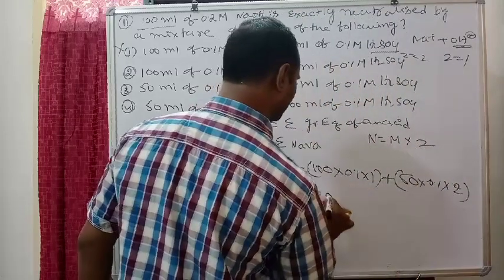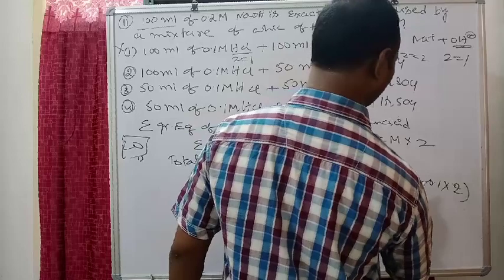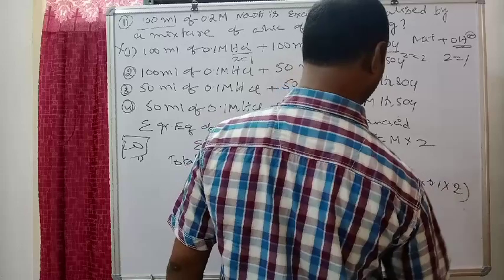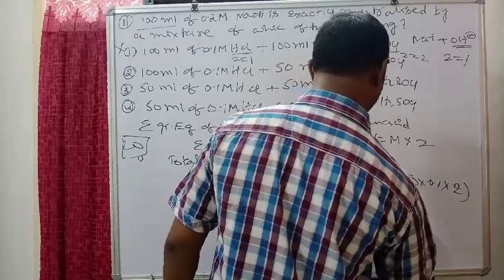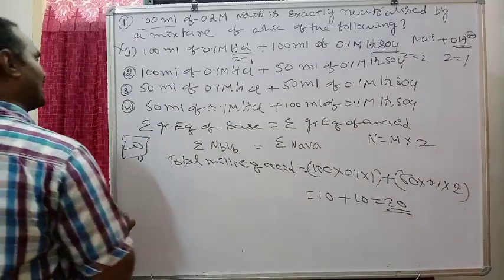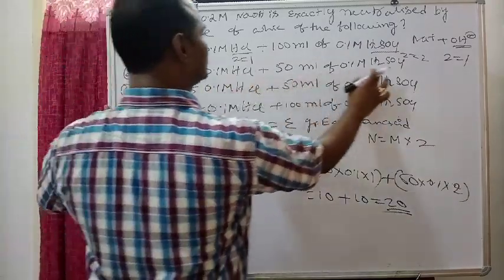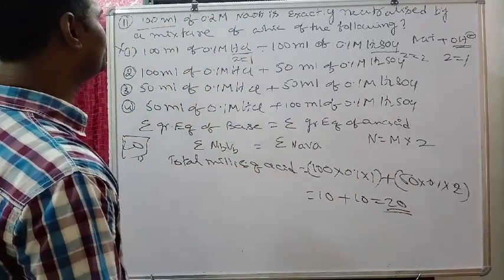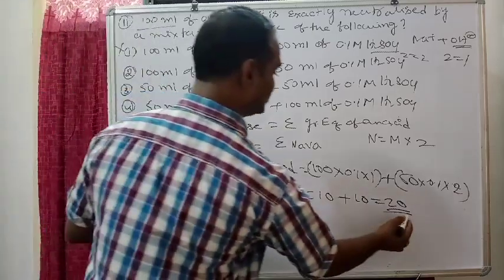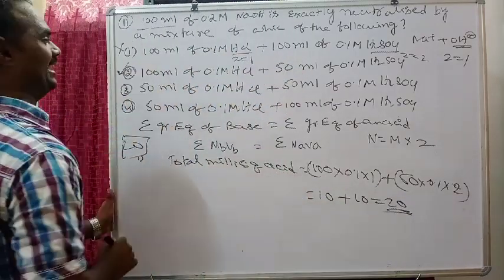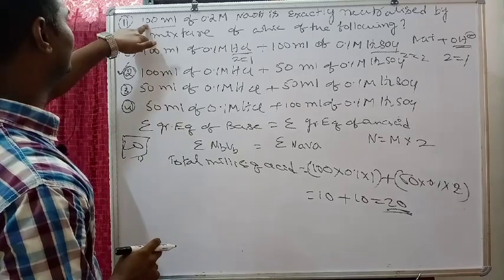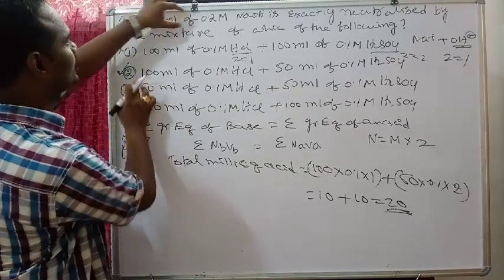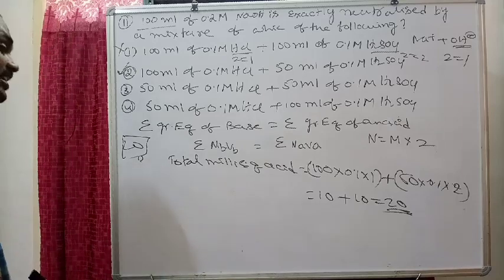Now this is 10 plus 50 into 0.1, 5, into 2, 10, 10 plus 10, 20. So in the second combination, total milli equivalents of acid equal total milli equivalents of base. So this second combination of acid exactly neutralizes 100 ml of 0.2 M NaOH solution. If you mix this combination and this solution, the resultant solution is neutral.